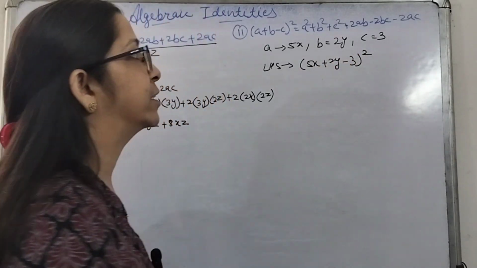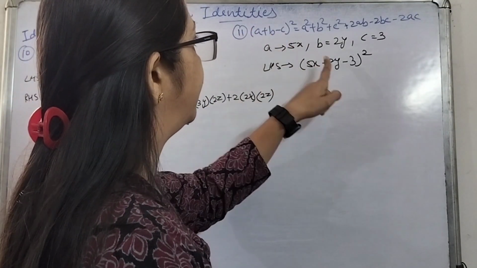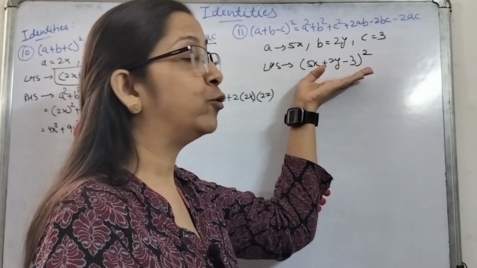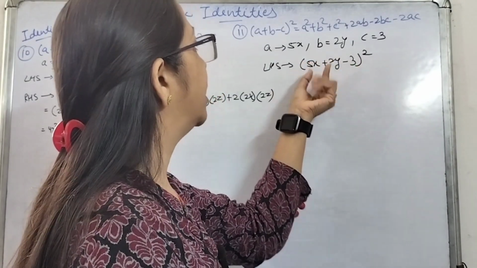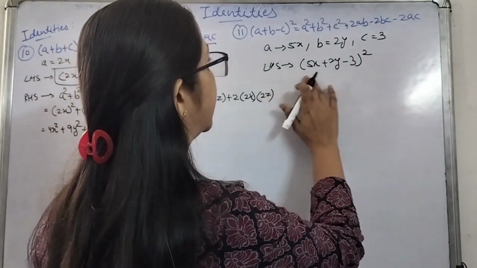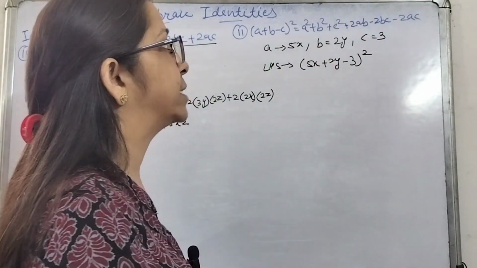If we have to find the value of this, where we have replaced a by 5x, b by 2y and c by 3, then what will the answer be? We can get it by this formula, this identity.